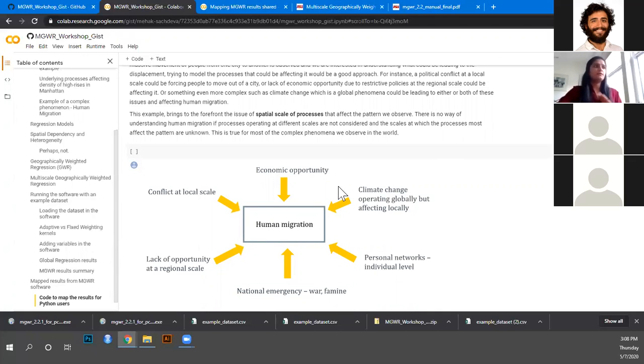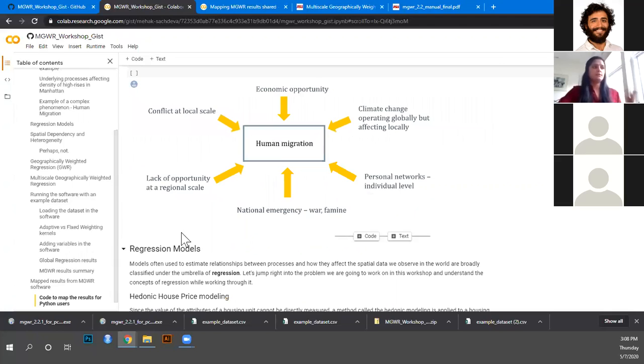So in the world of modeling, how we would model a phenomenon like this would be in terms of regression models. Regression models are a huge umbrella of models that basically want to establish these associations between patterns and processes, not necessarily spatial.